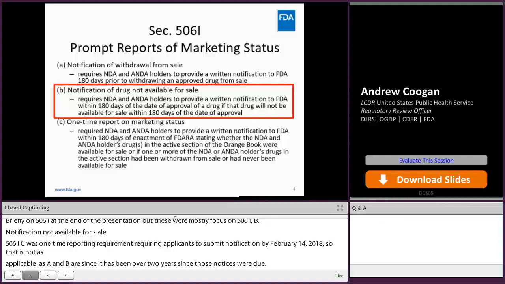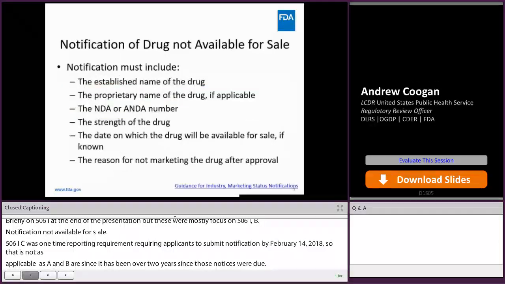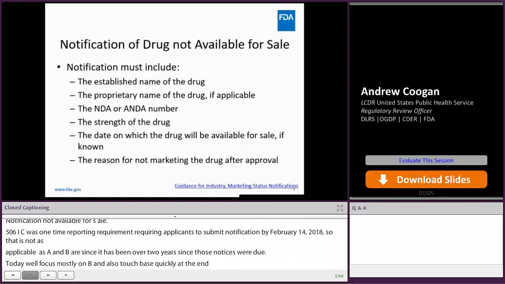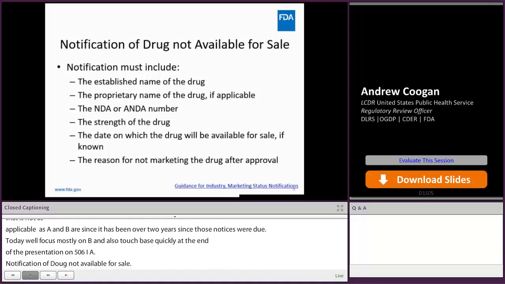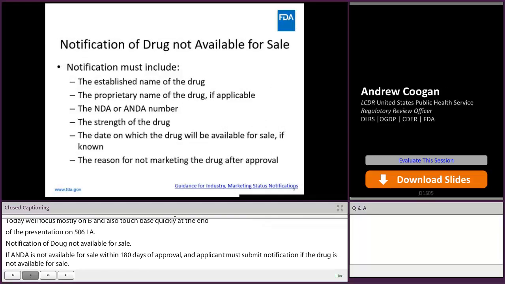So notification of drug not available for sale. If an ANDA is not available for sale within 180 days of approval, an applicant must submit a notification that the drug is not available for sale. The notification must include the established name of the drug, the proprietary name of the drug, if applicable, the NDA or ANDA number, the strength of the drug, the date on which the drug will be available for sale, if known, and the reason the drug is not marketing after approval.